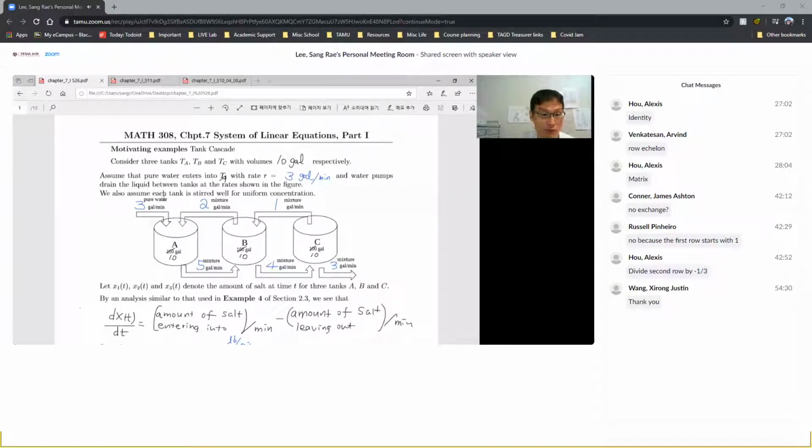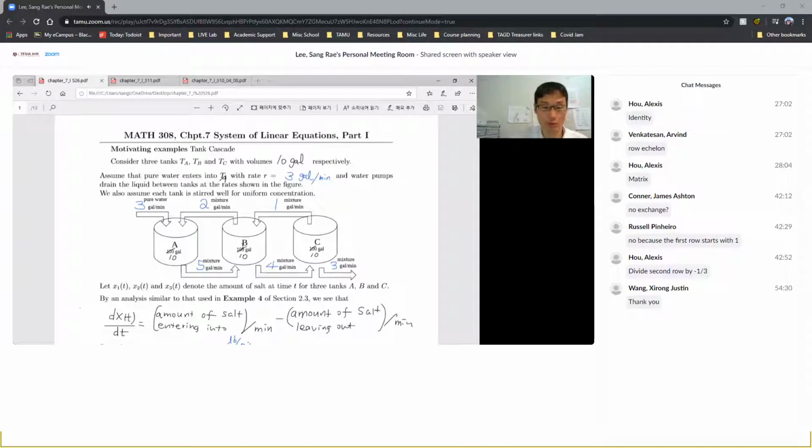All right, so before starting today's discussion, let me start with reviewing what we did last time briefly. So I'm sharing our note. Can you see this note? Yes. Good. So this chapter is to study systems of linear differential equations.